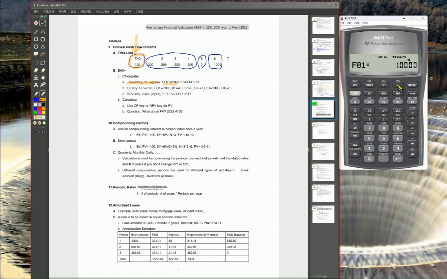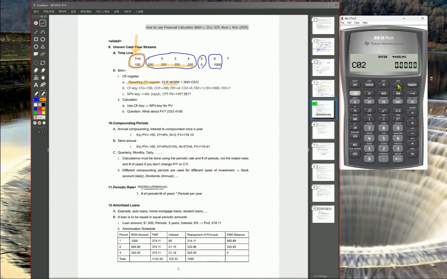Then F01 is the frequency of the first cash flow, C01, but we need to pay attention to that. Cash flow frequency indicates how many times C01 occurred on the timeline in a row. As you can see, the $200 occurs on the timeline 4 times in a row, so you enter 4.